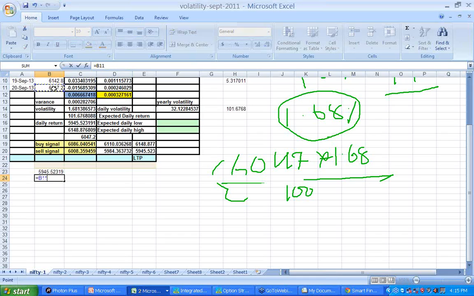In the same way, if we move 101.67 on the upper side, we can move till 6148. So we assume 6148 on the upper side and 5945 on the downside. This is the range in which we can move.